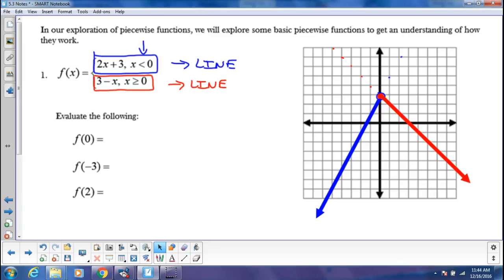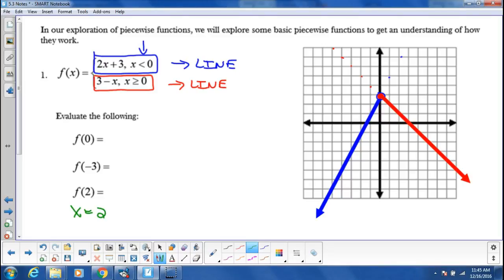Now, I can evaluate my piecewise function. We're going to start at the bottom and work our way up, just so you know on these 3. If I want to evaluate my function at 2, am I in the blue part or am I in the red part? I'm in red because this is saying here that x is equal to 2, and x equals 2 is in the red part.